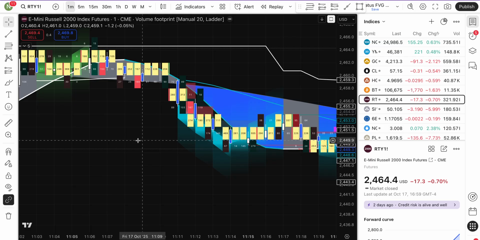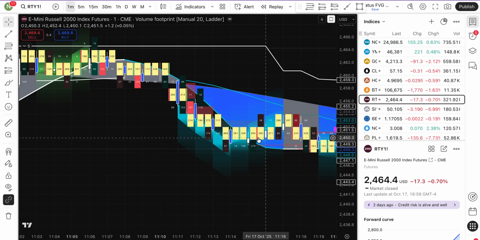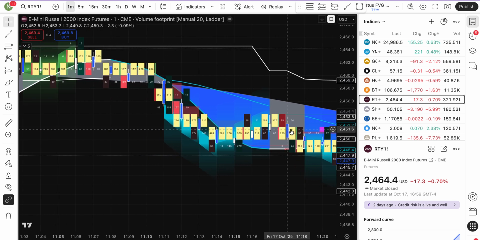So we do track fair value gaps as solid potential entry points. Maybe you didn't start watching the chart until here, and then you see that you got an imbalance. So you do have a potential entry to still make it into this clear skies bearish trade, right?